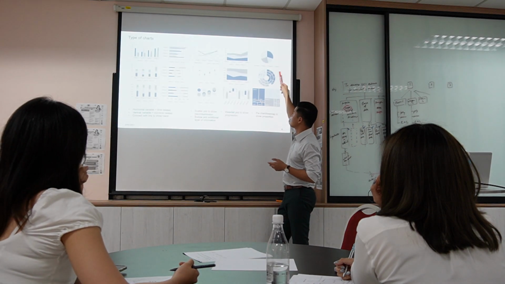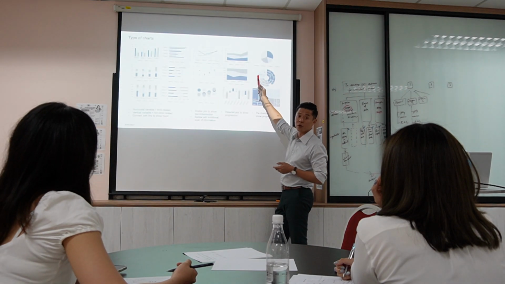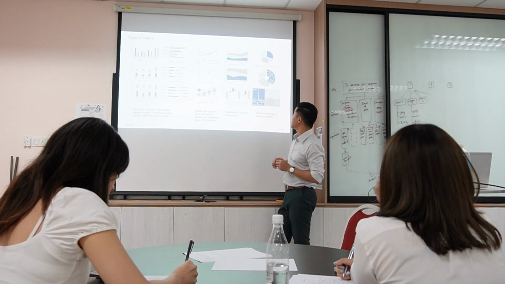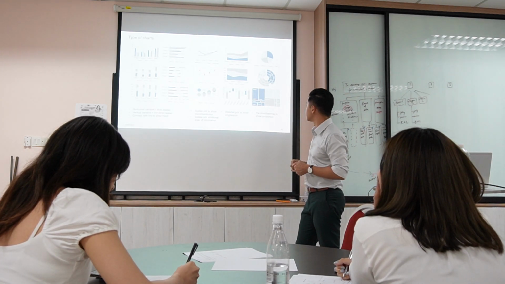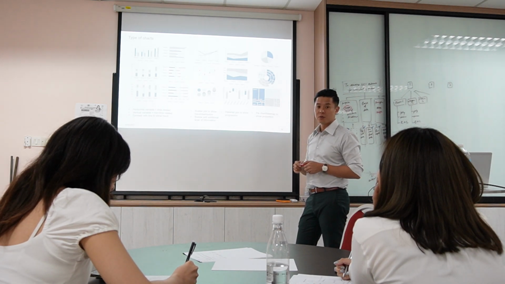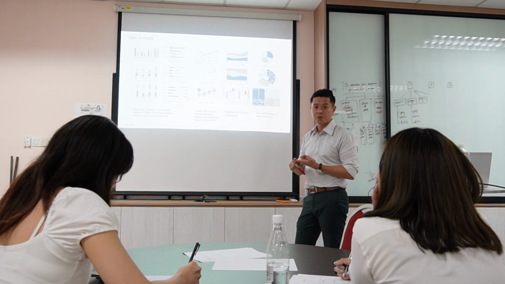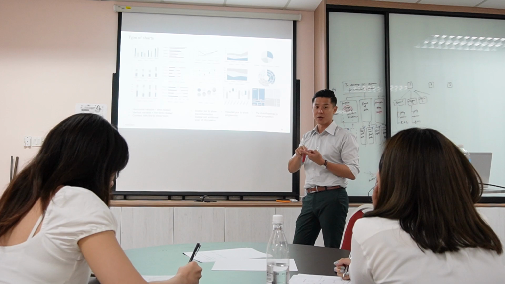Pie chart, we went through it, shows the proportion. But the rule of thumb is to try to avoid too many slices like the one just now. In fact, there are some who argue that for a pie chart, what we really want to show is just one single slice, the one we want someone to emphasize.